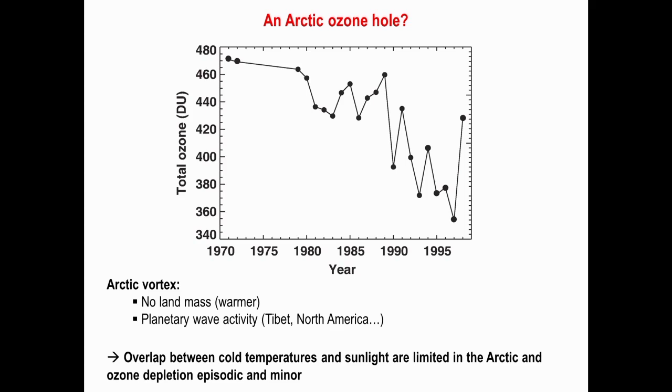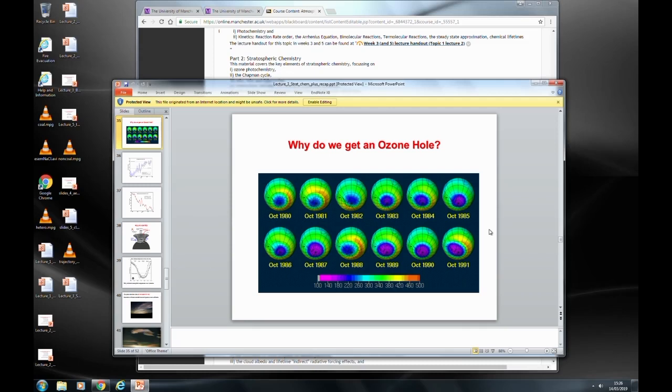You don't really get the polar stratospheric clouds because you don't get the thermal cooling in the same way in the Arctic winter. So you get some depletion, but if you look at the level of depletion, you're going from about 4.8 millimetres to about 3.4 millimetres of ozone at the ground. So 480 to about 340 Dobson units here.